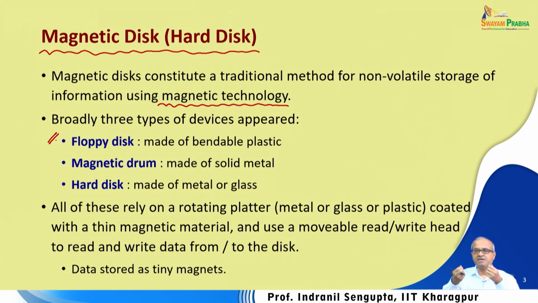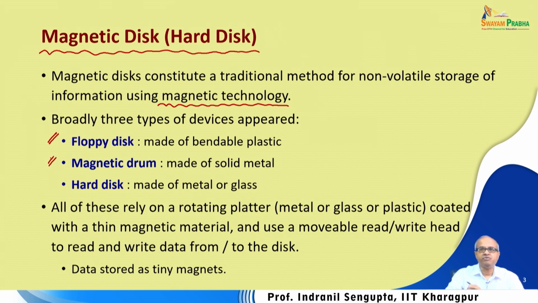Floppy disk is a portable kind of a storage media which is removable, and it is built using bendable plastic. So, if you break open a floppy disk, you will find that there is a circular kind of a plastic with some kind of black color coating on both the sides, and it is flexible, you can bend it. So, on the surface of the floppy disk you can record the data, as I had said, by making tiny magnets.